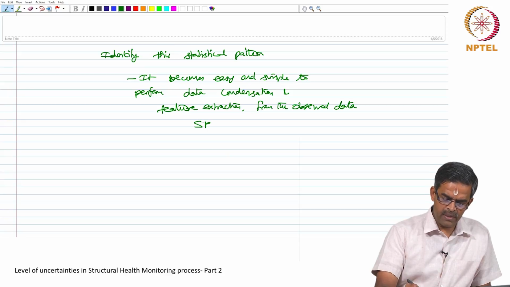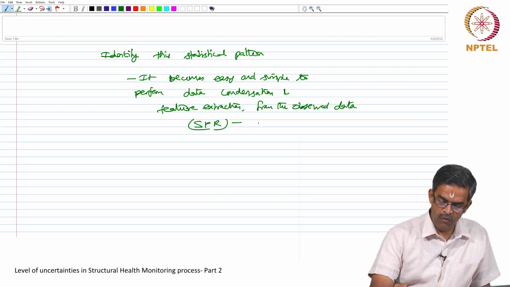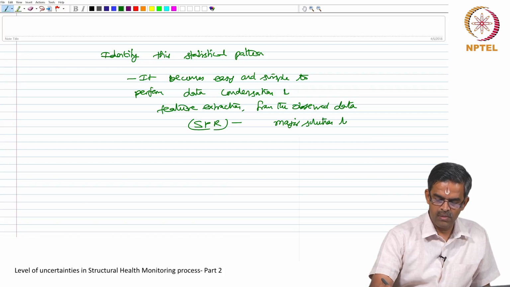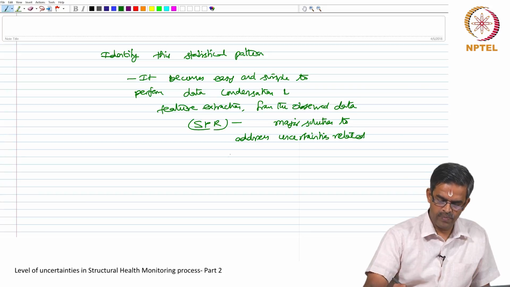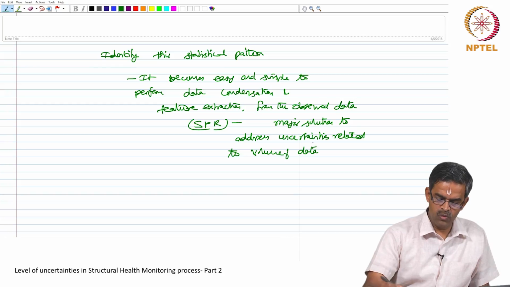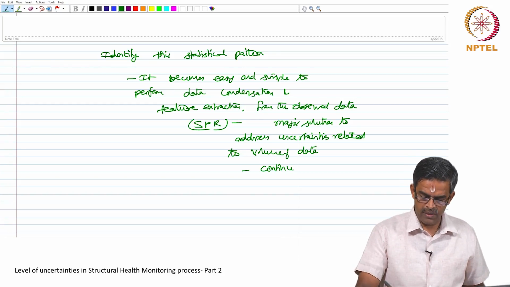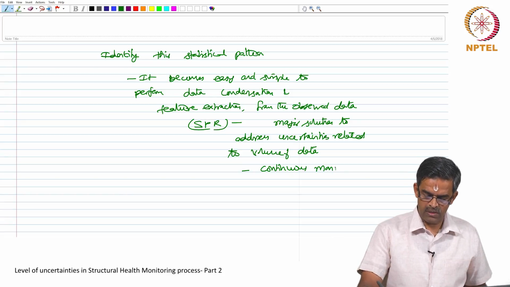So, statistical pattern recognition plays a very important role and offers a major solution to address uncertainties related to volume of data. Usually this problem is very precarious in case of continuous monitoring of structures.